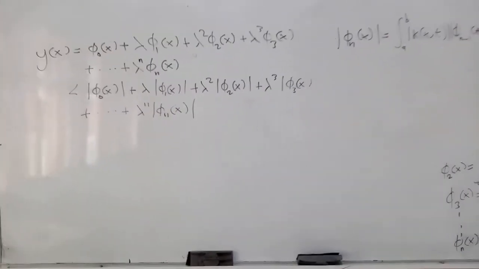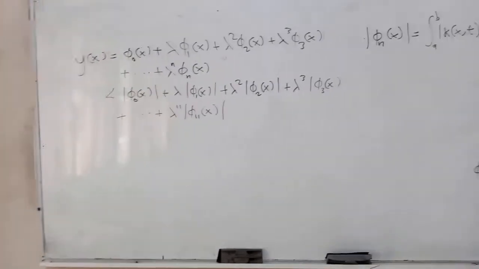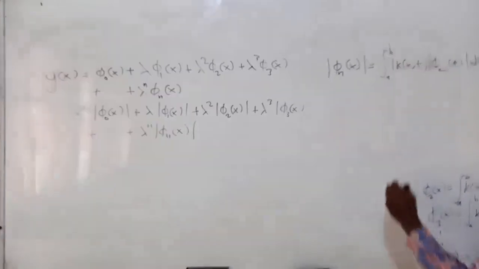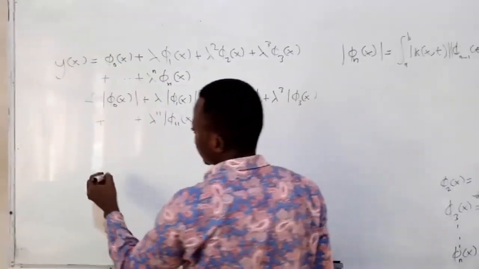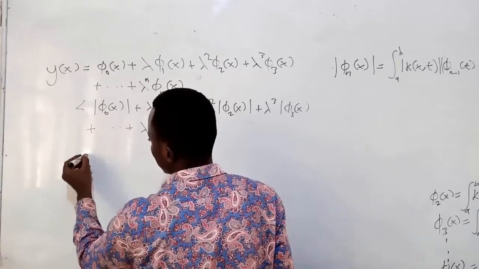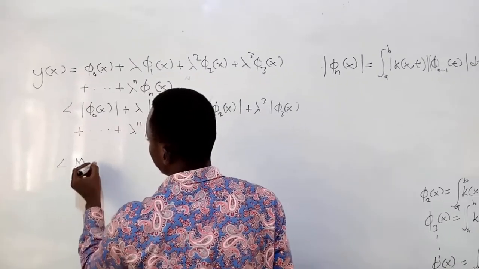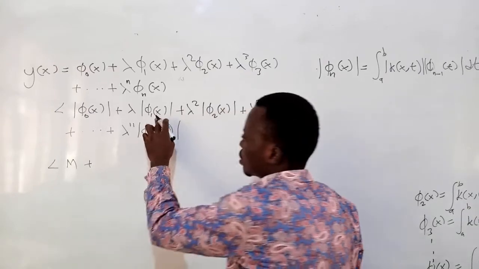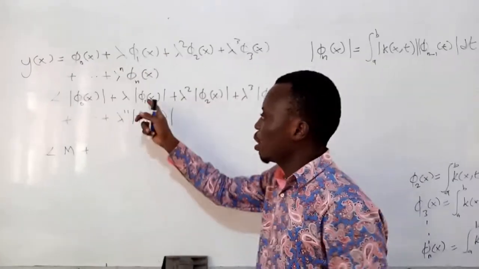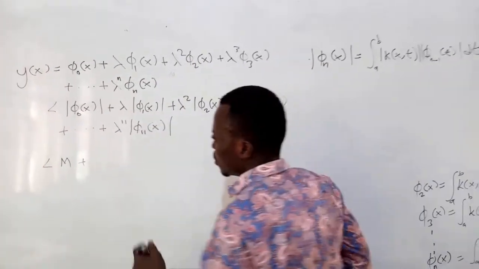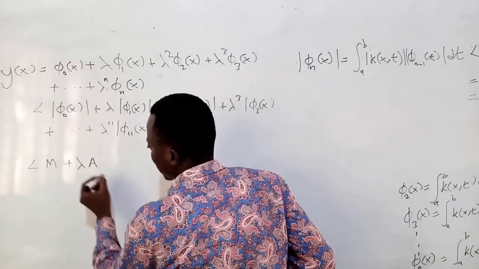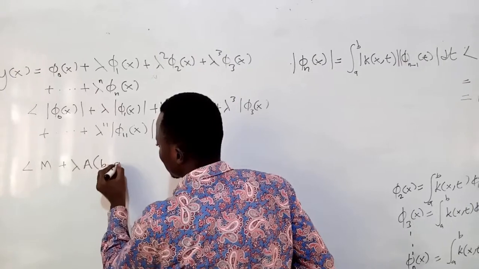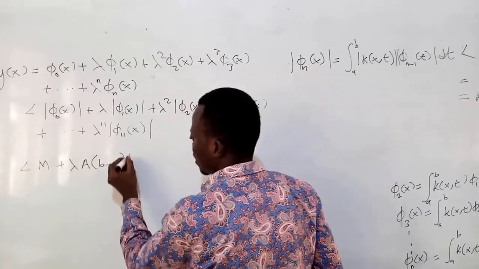And we said that our absolute value of phi naught of s gave us less than m. Plus lambda, phi 1 of s is bounded by a, bracket b minus a, then m.